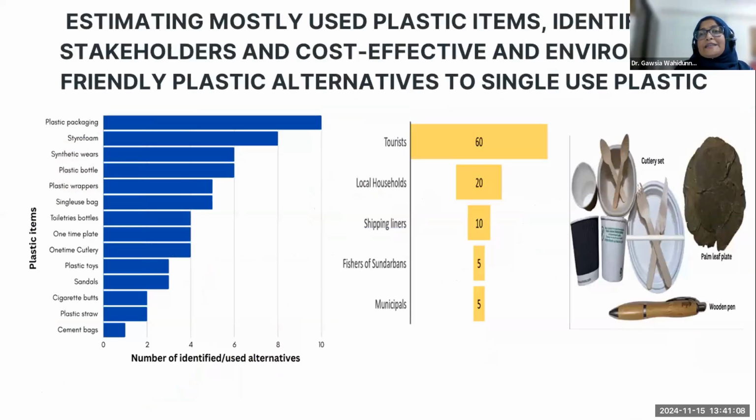This slide shows we tried to estimate the most used plastic items, as I mentioned, using the communities: what are the most used plastics in Sundarbans, who are the key stakeholders, what are the contributing factors, and what are the cost-effective and environment-friendly alternatives for these materials. So we tried to identify these factors.